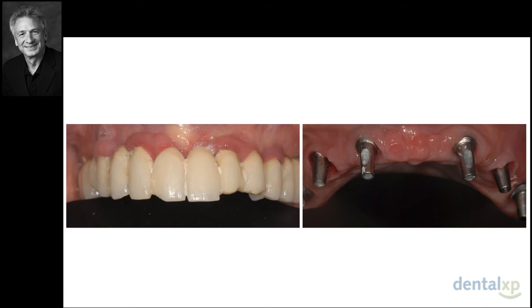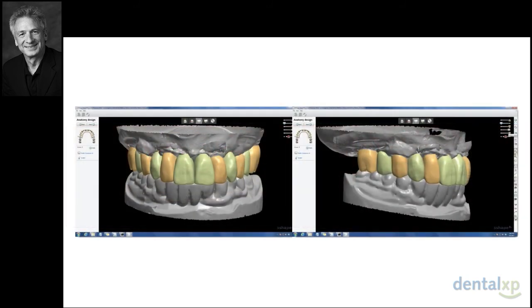So you can see we did some tissue management just to get the patient's tissue looking better. And we made an impression in the normal manner, and we did our digital planning as I had shown you before. So we had a solid model, digitized. I could have taken an impression with an intraoral imaging system.